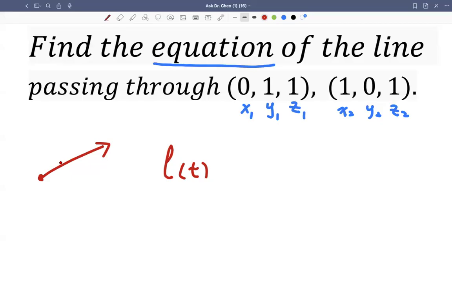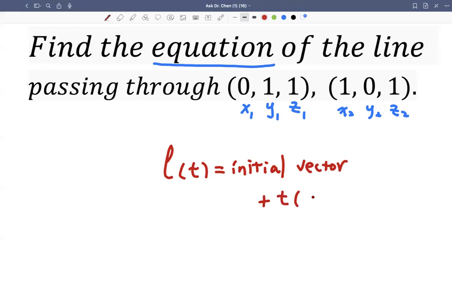At t equals 1, maybe it comes here, t equals 2, maybe it comes here, and so on. That's why we use this t here. So the line in terms of t equals the initial vector plus time t multiplied by the direction vector.